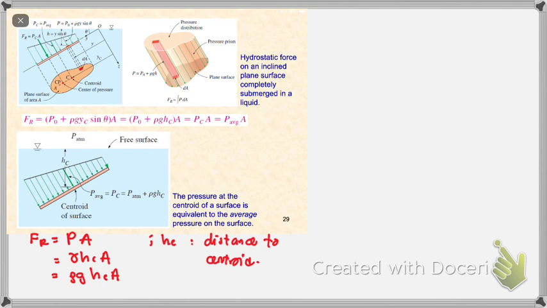And your h must always be taken from the surface of the object which is in contact with the fluid.